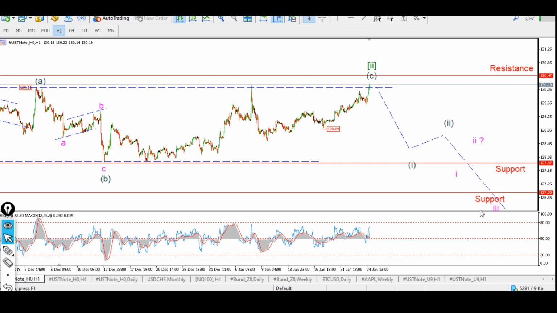And early next week, we should probably look for some sort of reaction off that 130.47 high. And if we do get an impulsive reaction, or 5 waves down off that high, that'd be a pretty good indicator that we're turning again.